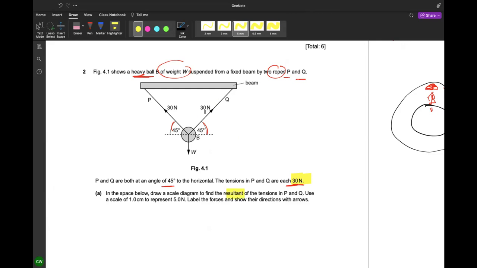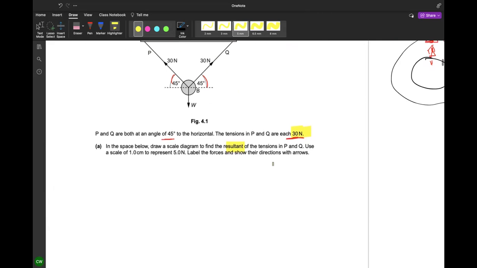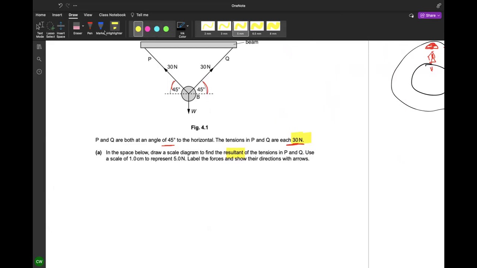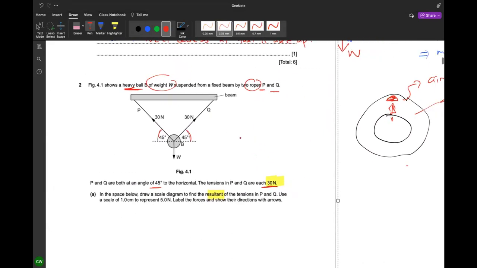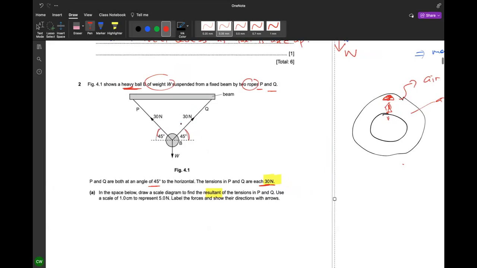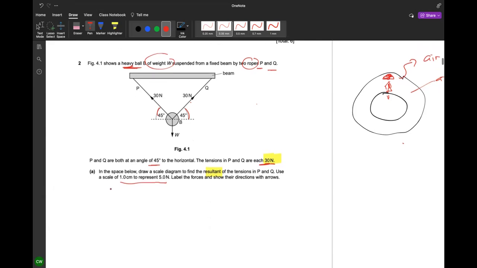Resultant means combine. To combine two forces, you need to use some skill. Here they say 1 cm represents 5 Newton.